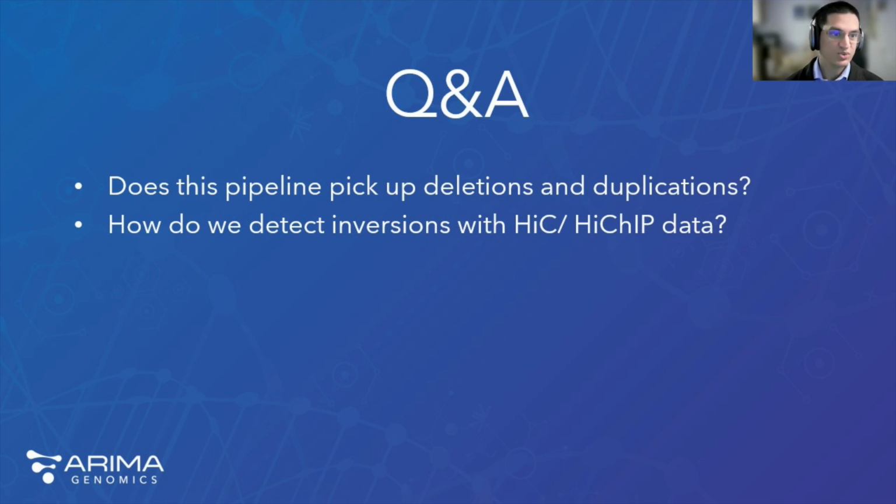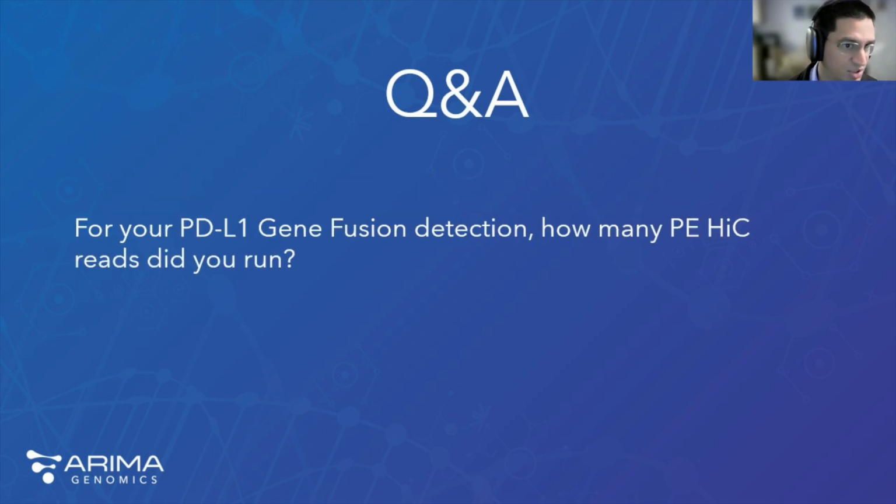And one last question I wanted to address, from Jason Howard: for your PDL1 gene fusion detection, how many PE iSeries did you run? It's a good question. Actually, we saw this in our shallow-seq data set. The first time we noticed the PDL1 gene fusion was on a 15 million shallow-seq run. But then our collaborator, Dr. Sundaro, wanted a deep sequencing data set because he was interested in the regulatory aspect of the sample prior to us finding the PDL1 gene fusion.